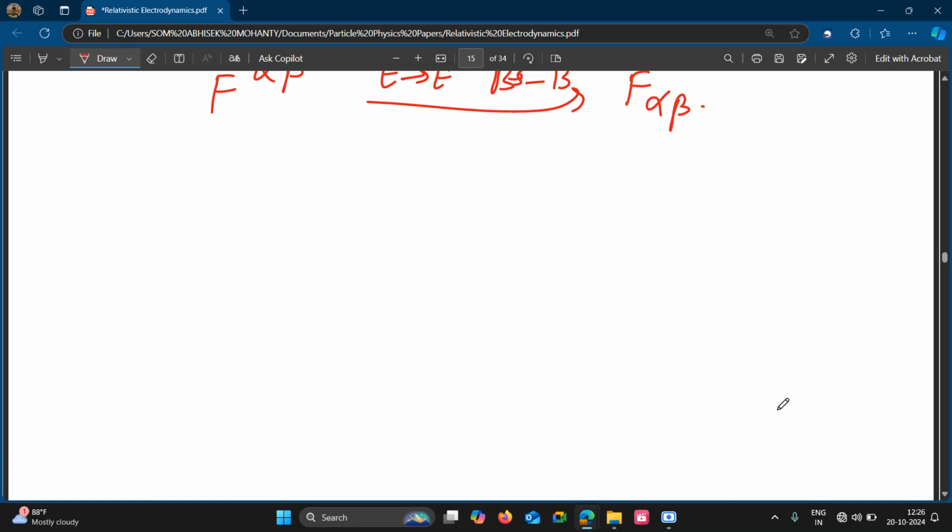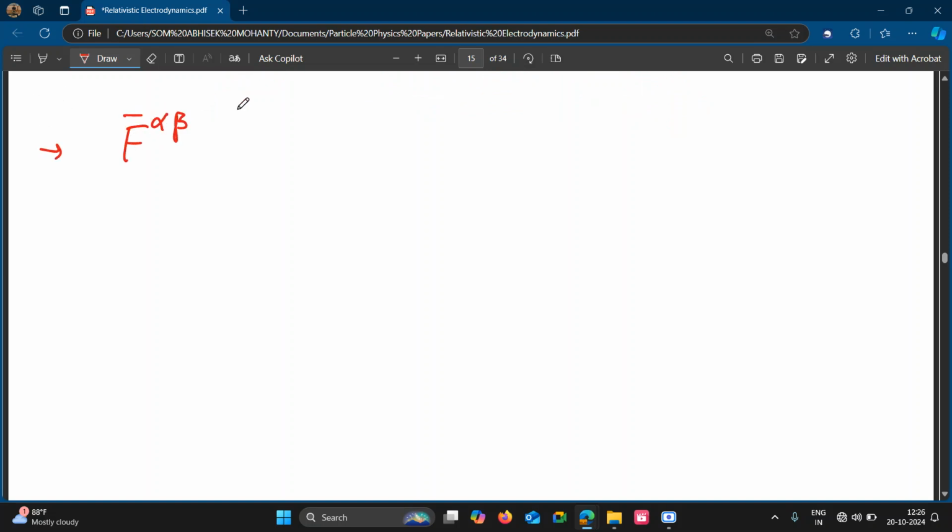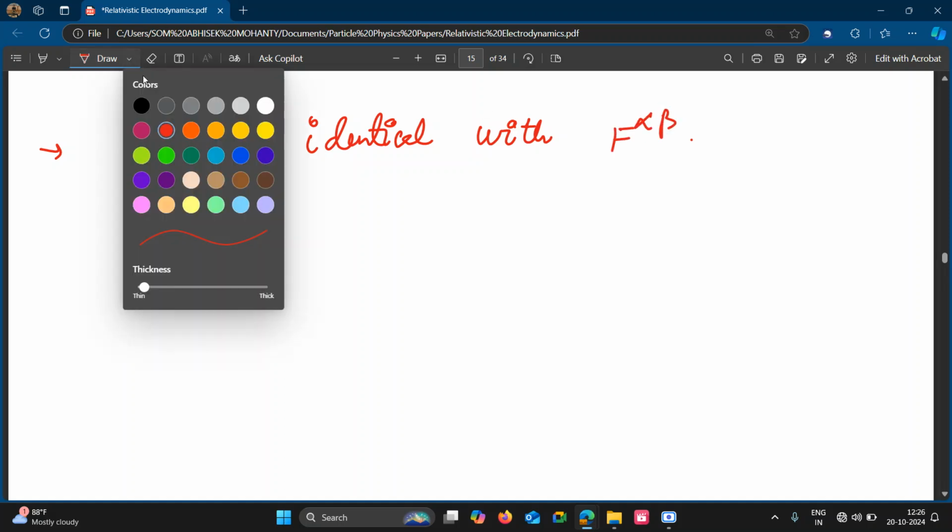Using these explicit forms of F alpha beta and F bar alpha beta, we can also verify that F bar alpha beta is identical with the star F alpha beta. This is a very important point.